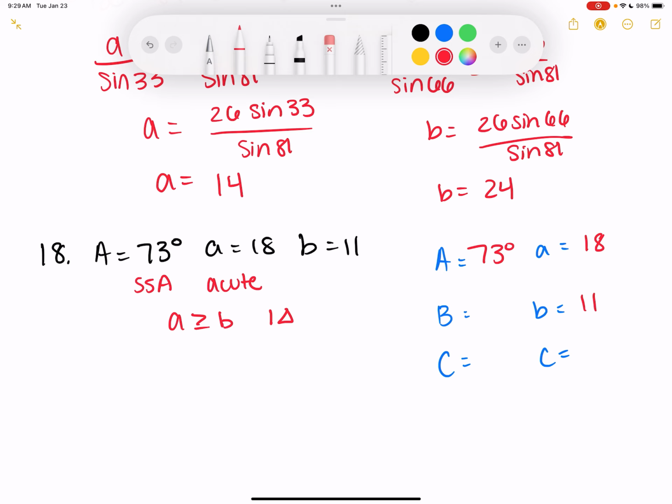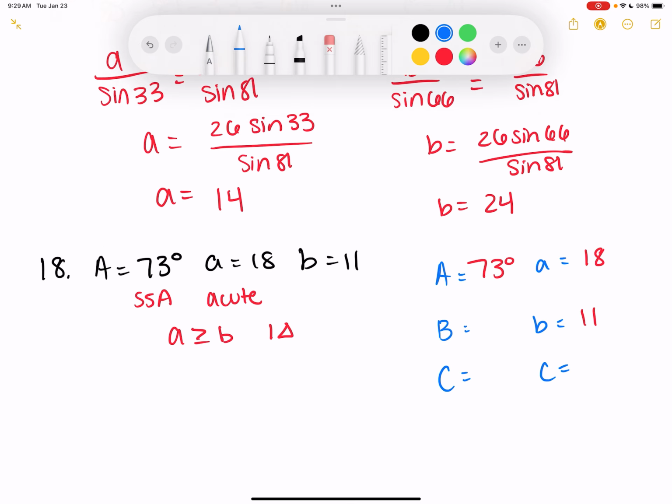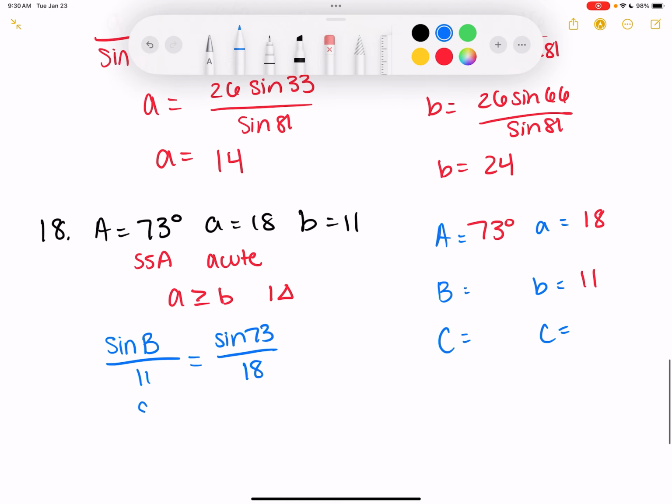Angle B. So it's going to be sine of B over 11 is equal to the sine of 73 over 18. So sine of B is equal to 11 sine of 73 over 18.